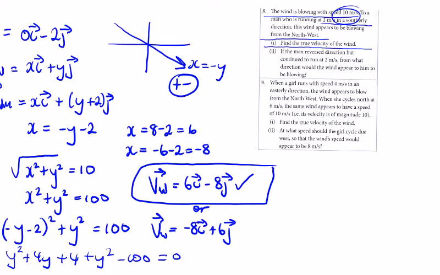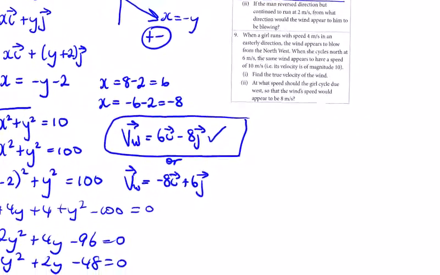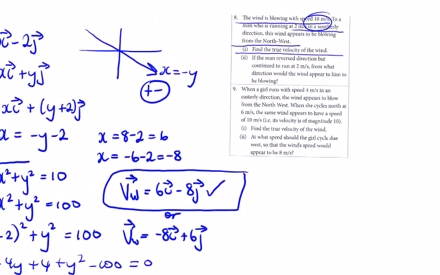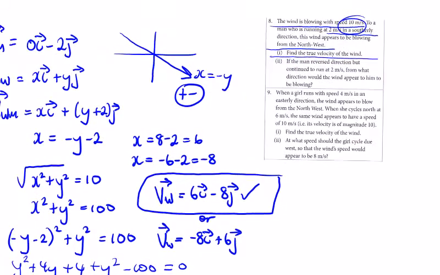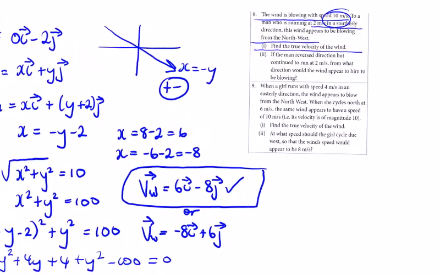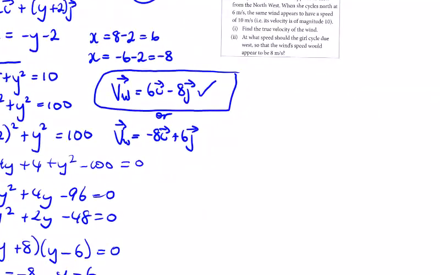And if the man reversed direction and continued to run at 2, from what direction would the wind appear to be blowing? Okay, he's going at minus 2 in the J direction. So if he reverses direction, he's going north and continues at the same speed. So the velocity of the man now becomes 0i plus 2j.